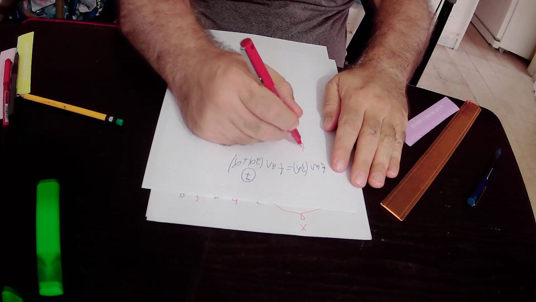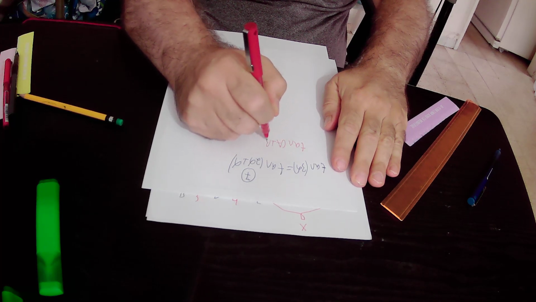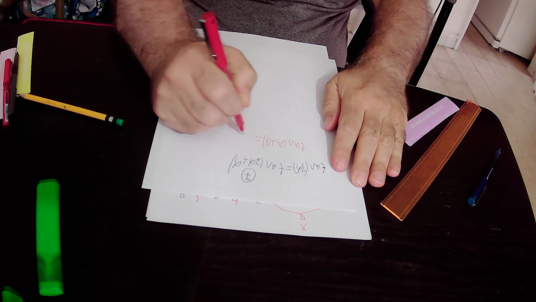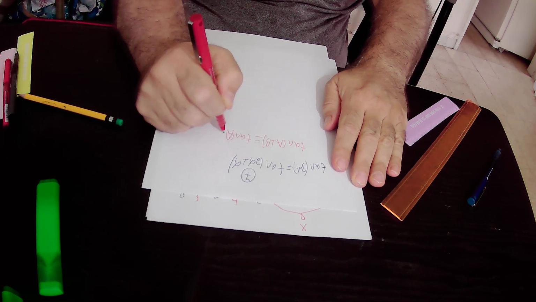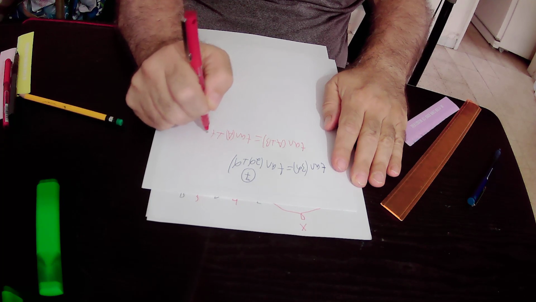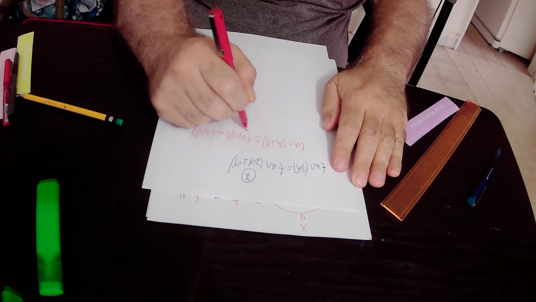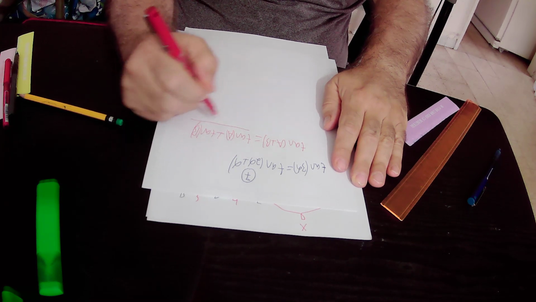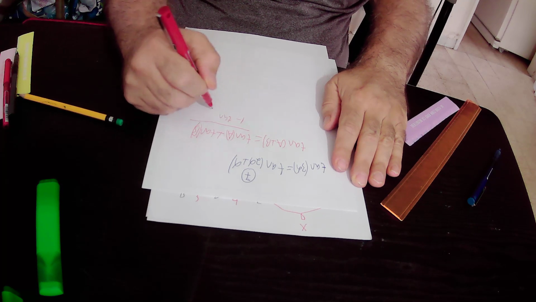The new trigonometric identity is tangent A plus B equals tangent A plus tangent B over 1 minus tangent A times tangent B.